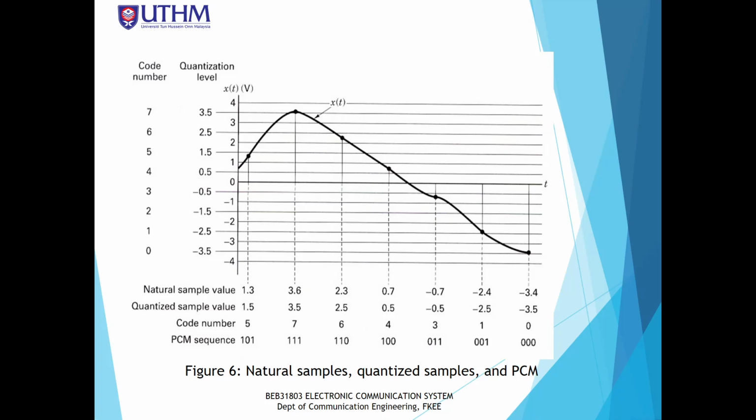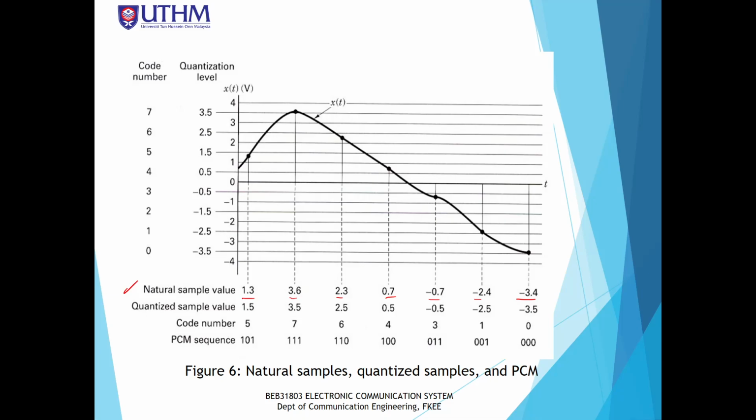So you see from here, this is the signal. First we do the sampling. We take the samples 1.3 volt, 3.6, 2.3, 0.7, minus 0.7, and so on. When we do the sampling, then we do the quantization. That means we round it up to the nearest quantized level. So what is the quantized level in this example?